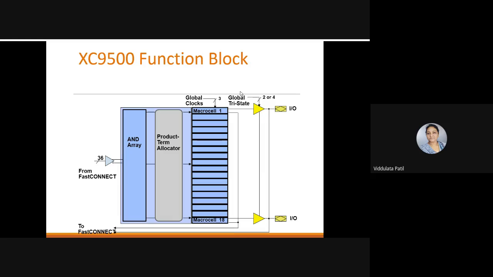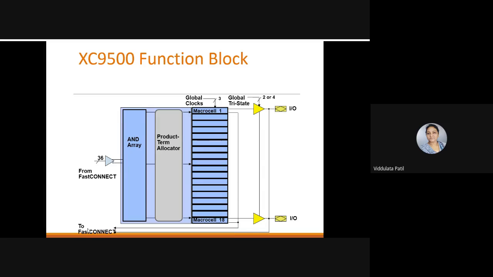The FB generates 18 outputs, so that means each of these macrocells generates an output. These 18 outputs drive the fast connect switch matrix, so whatever that matrix is, it will be driven by these outputs.